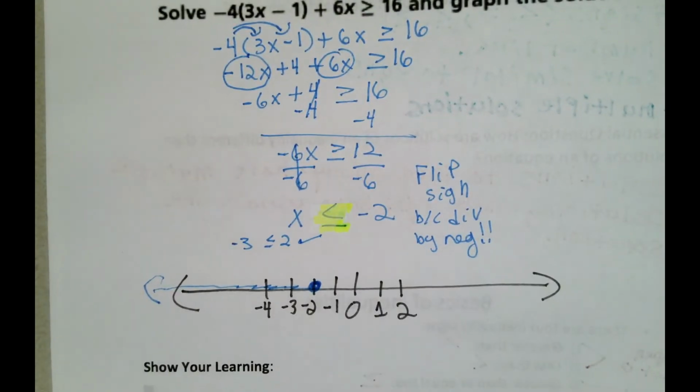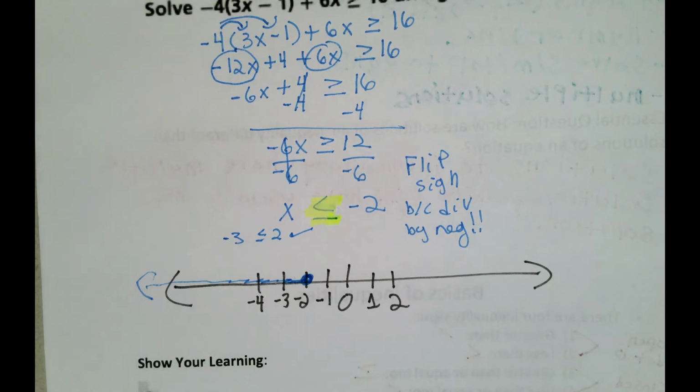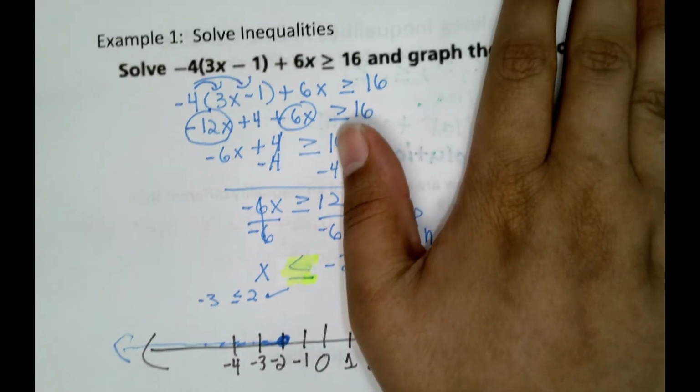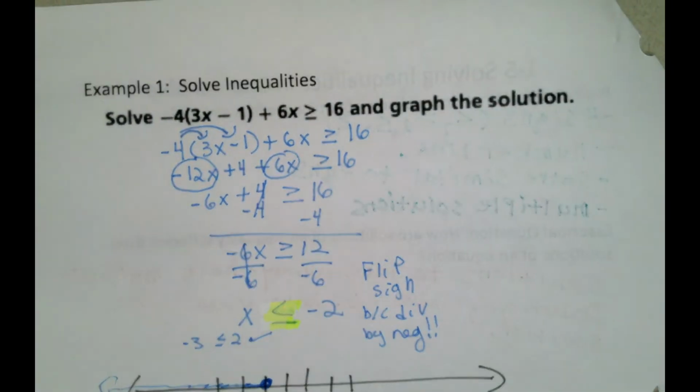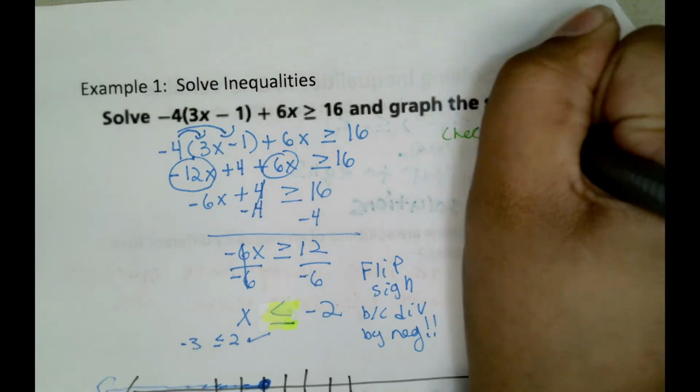So first things first, let's go ahead and subtract our 3.5. Then we have 19 is greater than or equal to negative 2x minus 7.